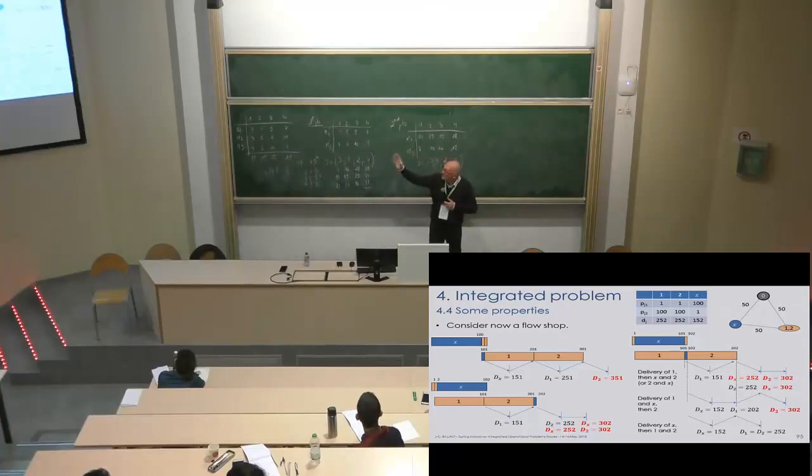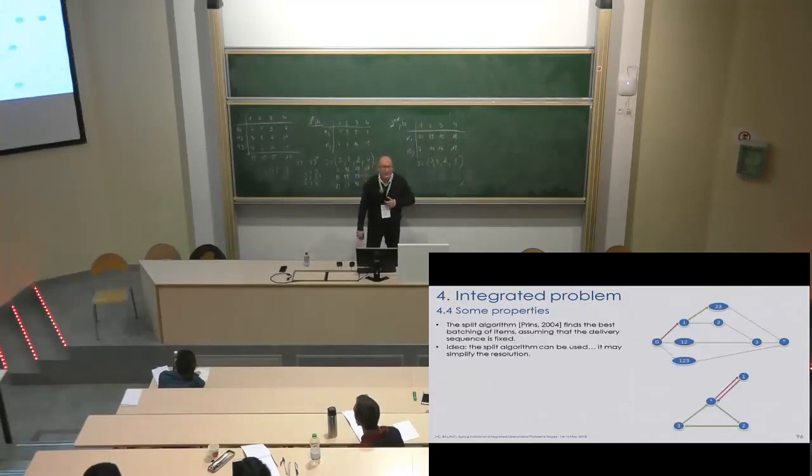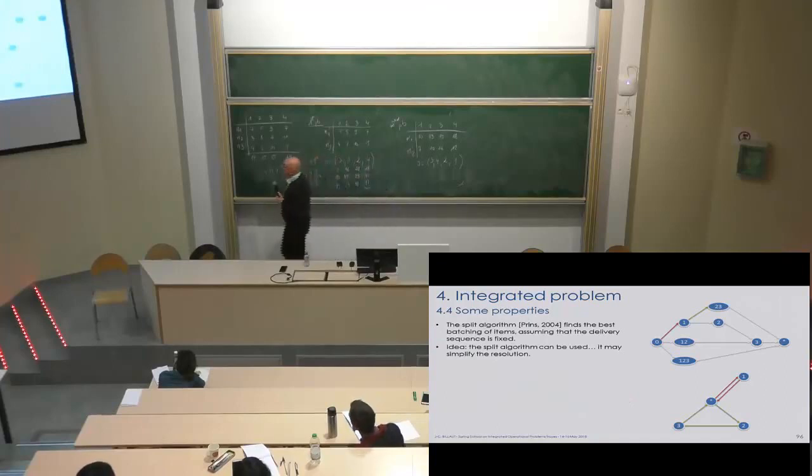So for this very specific instance, you can see that it may be interesting to produce a job and leave it on the floor, and then deliver it later. It's not very intuitive, in fact, but it's still true. So it makes the problem more difficult than it appears, and it appears to be difficult.